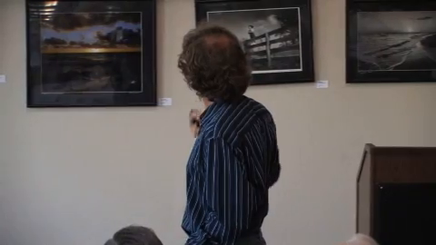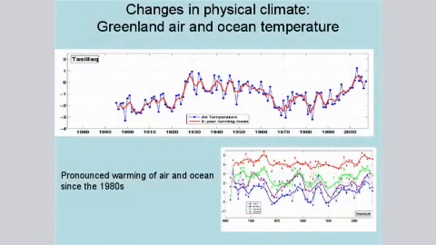I have a couple of slides on the change in physical climate in Greenland. What's happening in Greenland in terms of air and ocean temperature? This is a record from a coastal station in East Greenland. You see these little ups and downs in temperature. There's a warm period in the 30s, 40s, and then a cooling in the 60s, 70s.